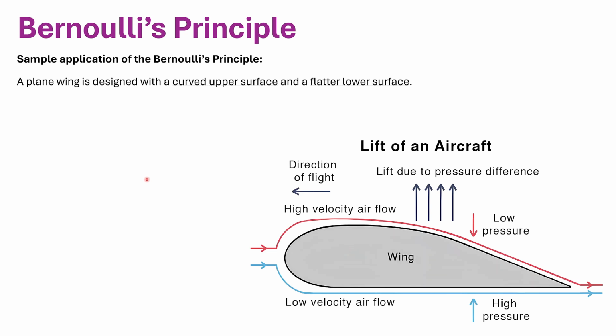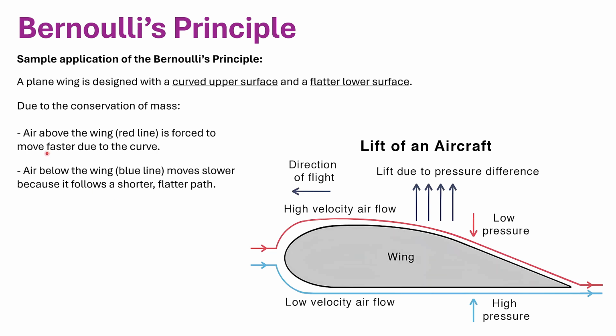So this is a sample application of Bernoulli's principle: a plane wing. A plane wing is designed with a curved upper surface and a flatter lower surface. Due to the conservation of mass, air above the wing, which is this red line, is forced to move faster due to the curve, and air below the wing, which is this blue line, moves slower because it follows a shorter, flatter path.